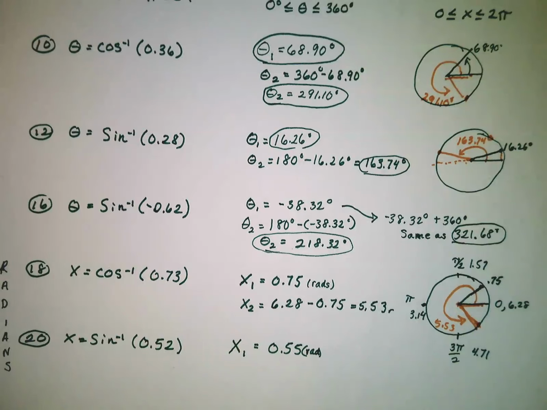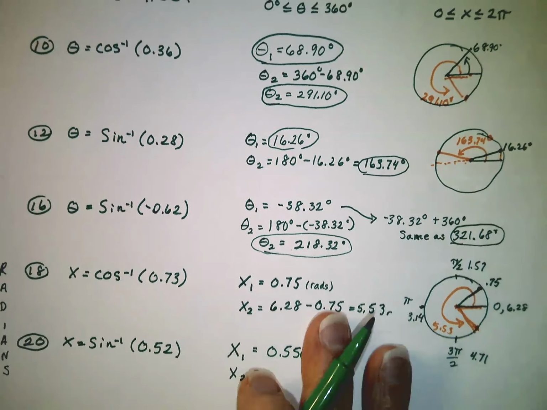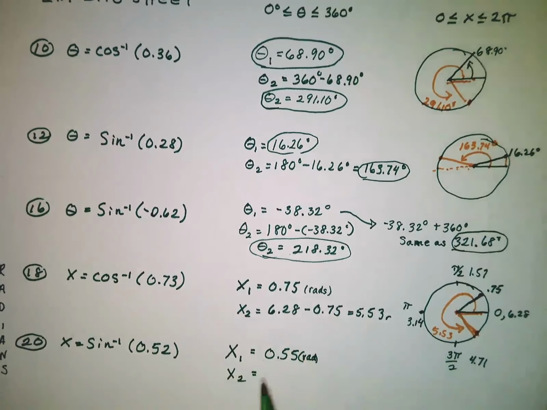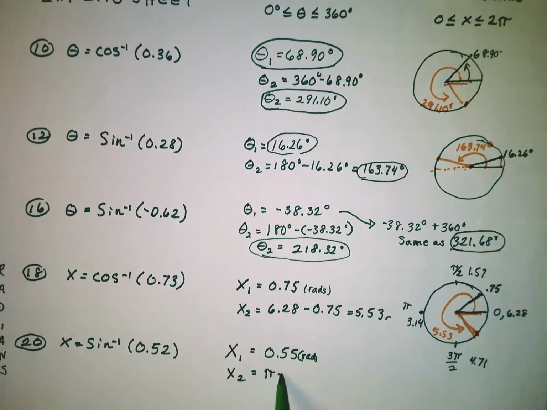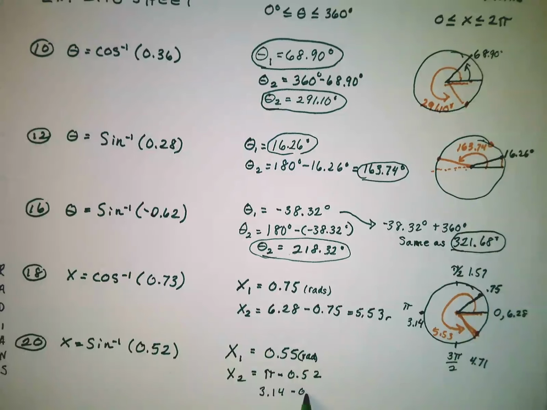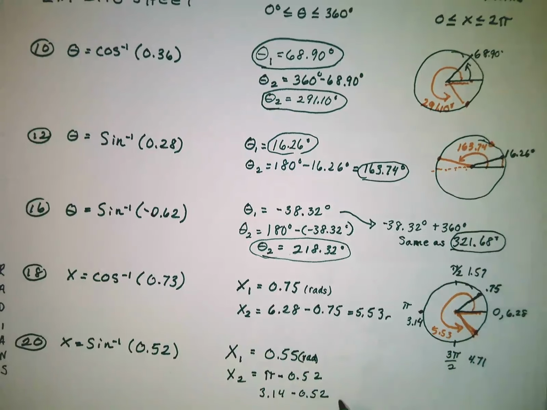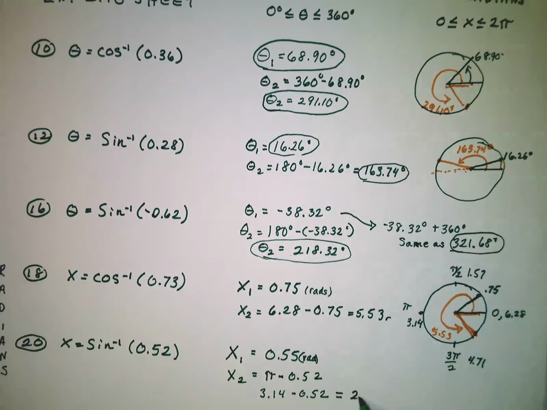And then for the second angle, because it's inverse sine, normally we'd be taking 180 if we were in degrees, but we're in radians. So 180 degrees is the same as pi. But because we're rounding to 2 decimal places, we can round pi off to 3.14. And that would tell us that our second angle is about 2.59 radians.